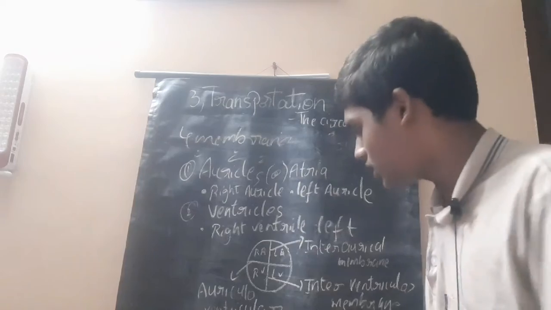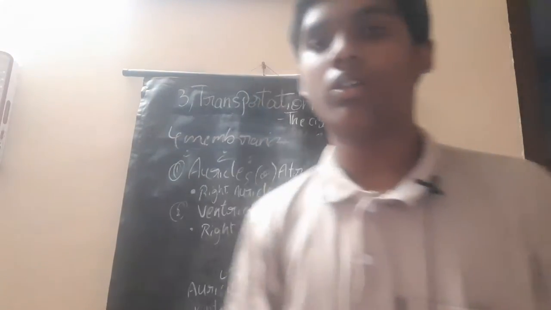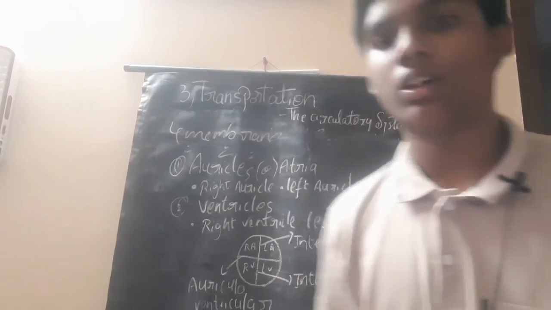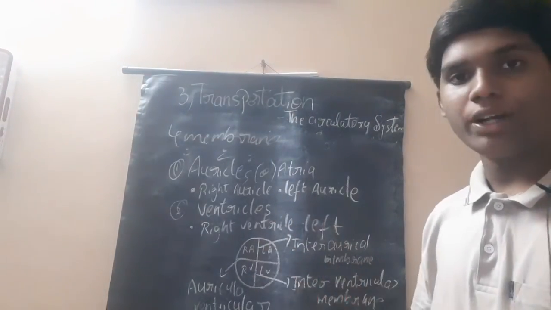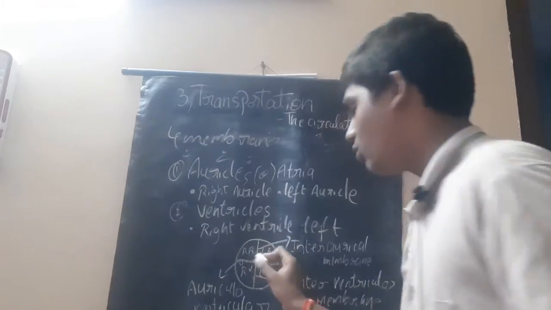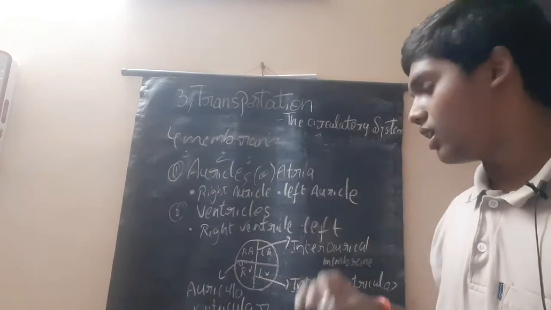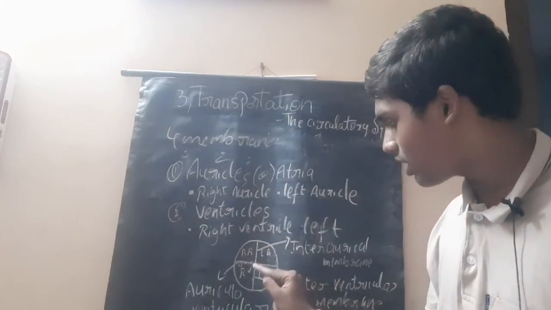Now let us discuss what divides the right auricle and right ventricle. The right auricle opens to the right ventricle with some small holes. These small holes are called the right auriculoventricular opening, between the right auricle and right ventricle.